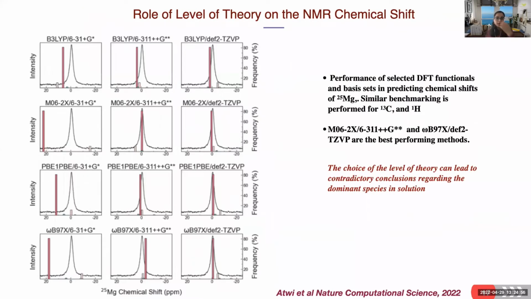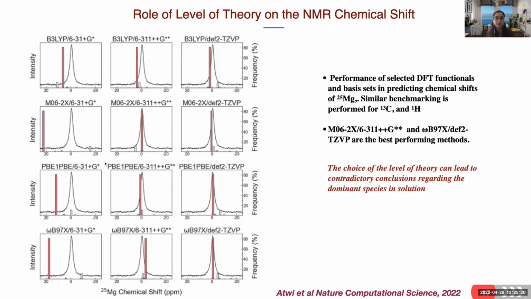Okay, another important criterion for accurate prediction of NMR chemical shift is the selection of the level of theory that's being used in density functional theory calculations. So here we performed extensive benchmarking. I'm showing you some of the results to identify functionals and basis sets that should be used for these calculations.